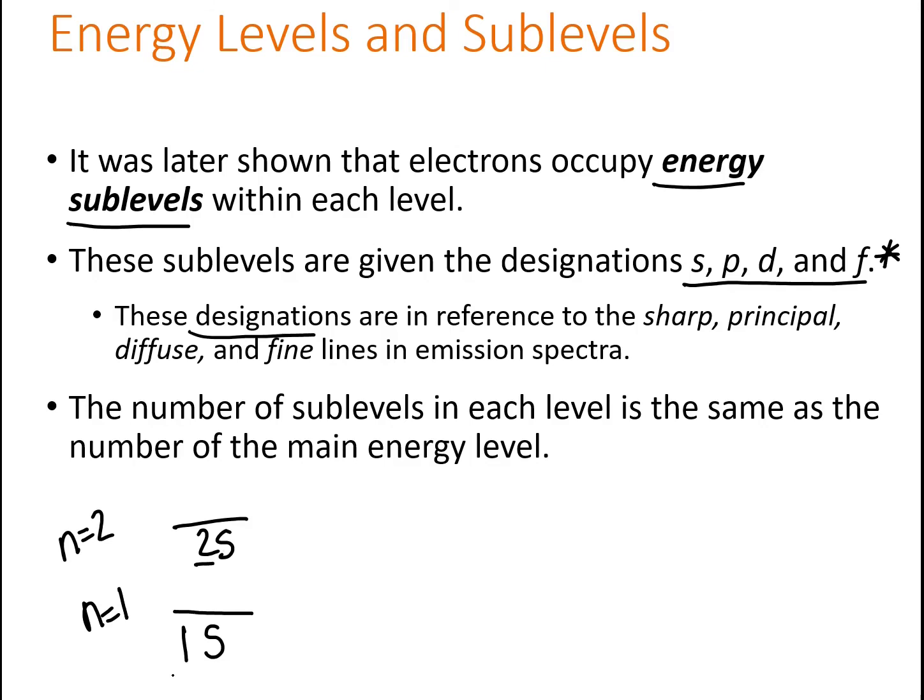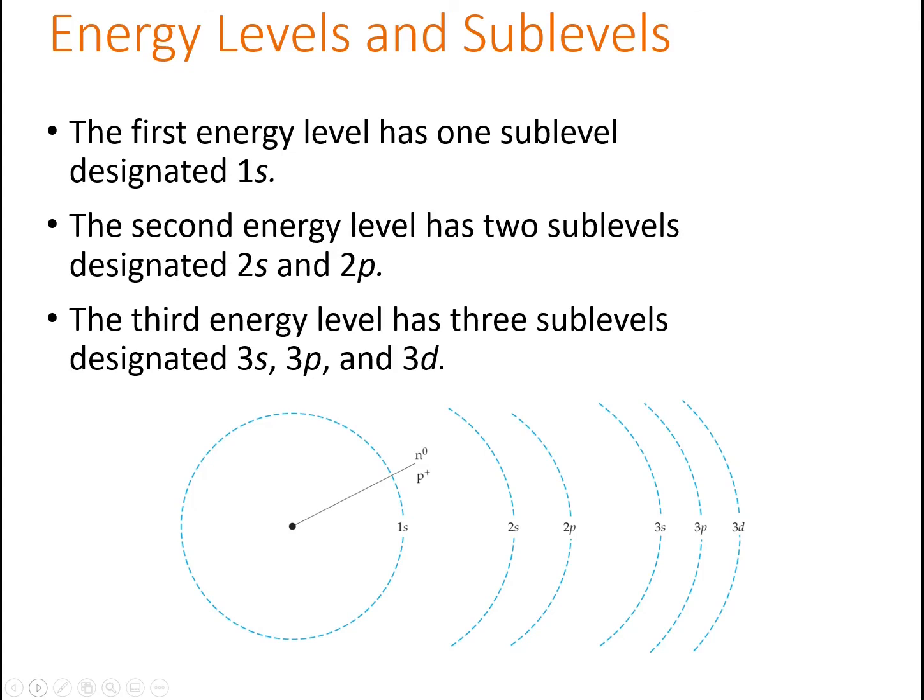This 2, this 1, that's the main energy level, okay? The first energy level just has the 1s. The second energy level has s and p. The third has s, p, and d.